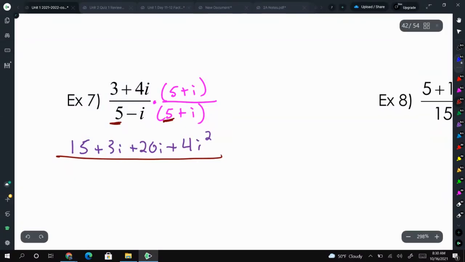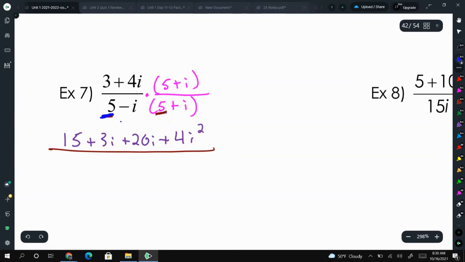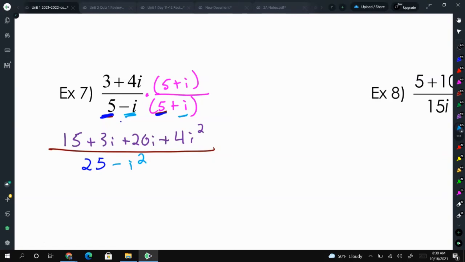We can multiply those two terms and get 25. And we can multiply these two terms and get -i squared. So now in this next step, I'm going to combine my like terms in the numerator, and I'm going to change all of my i squareds to -1.